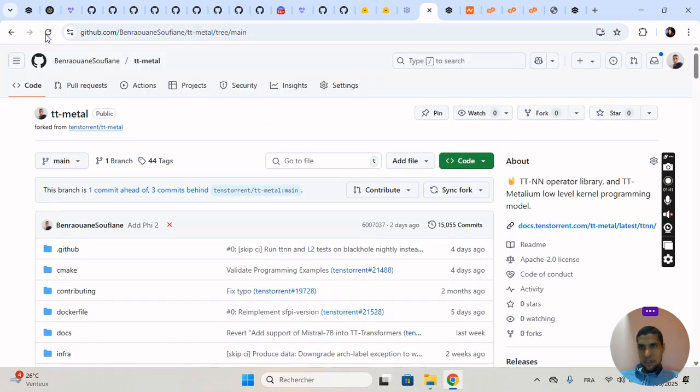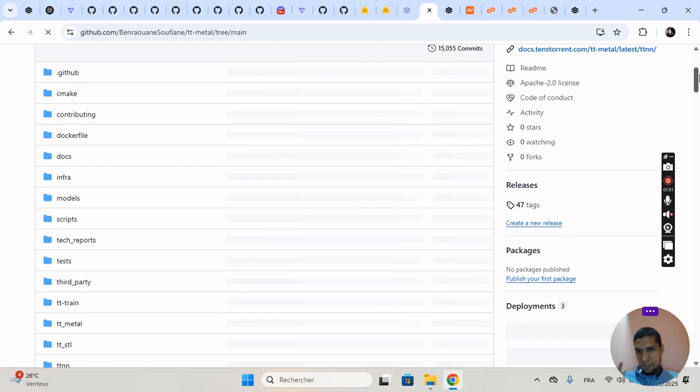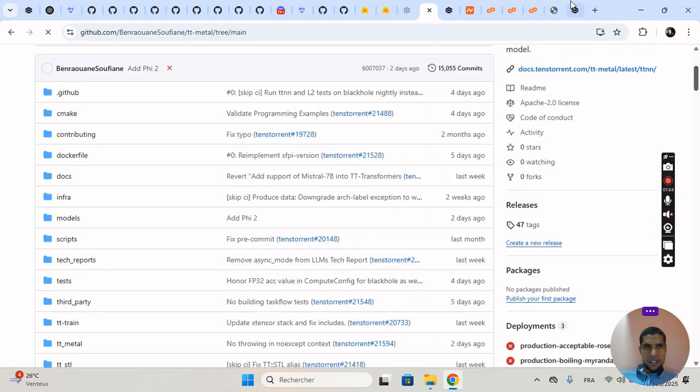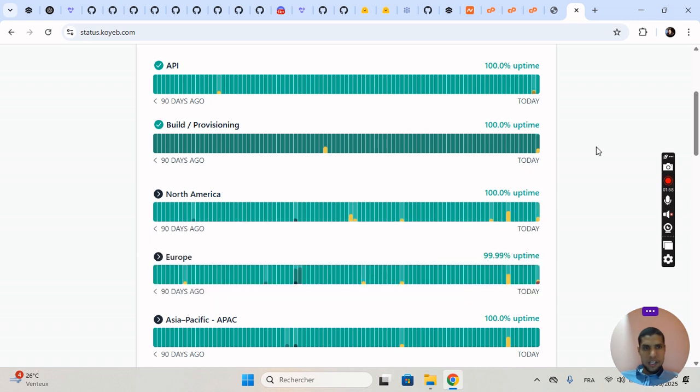Anyway, let's refresh. It's not complete, as I said. I'm in the code step, just because it's quite stuck right now. As you can see here, it's stuck.